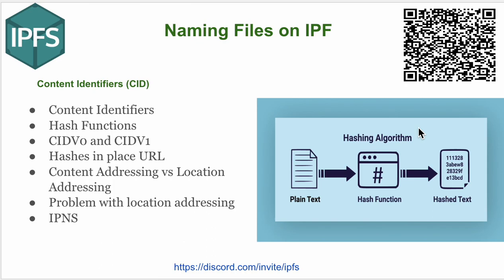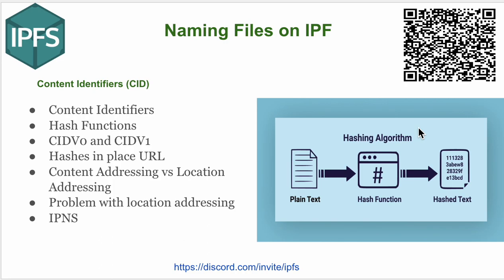So after gaining some insight into the internal data structures, which are Merkle DAGs, UnixFS, and IPLD, let's learn about how we name things on IPFS. After the first phase, we now have objects that are stored using IPLD concepts.